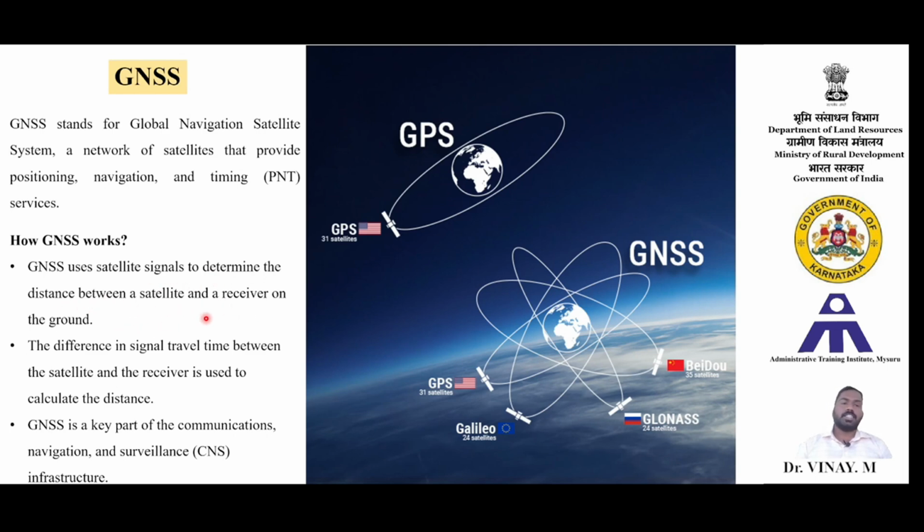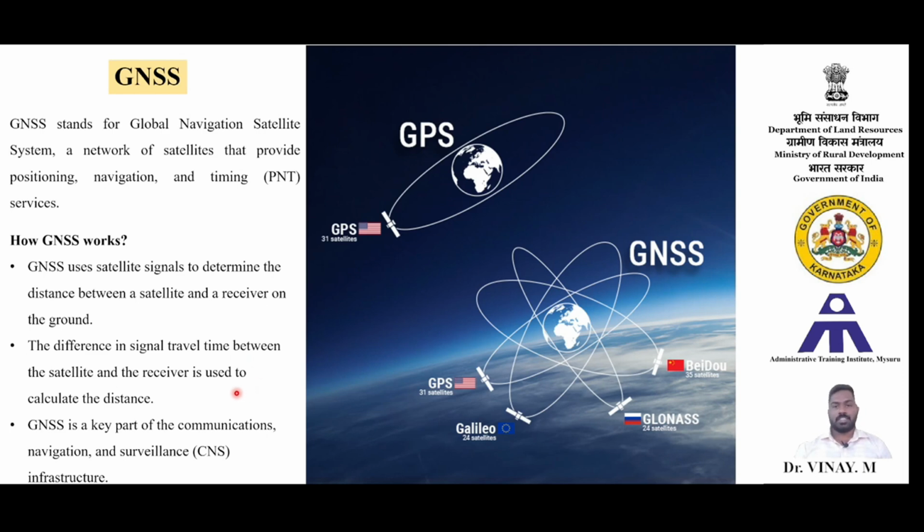This GNSS satellite continuously broadcasts radio signals, 24 by 7, without any limitation. Then the user has to receive the signals. Once the receiver receives the signal, the difference between the time taken to travel between the satellite and the receiver will be calculated.